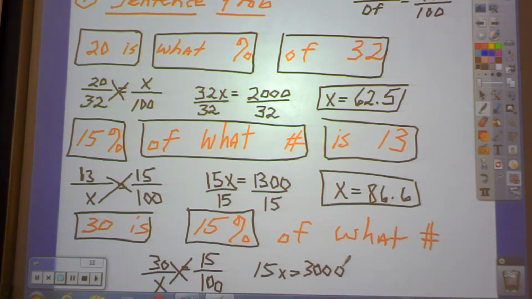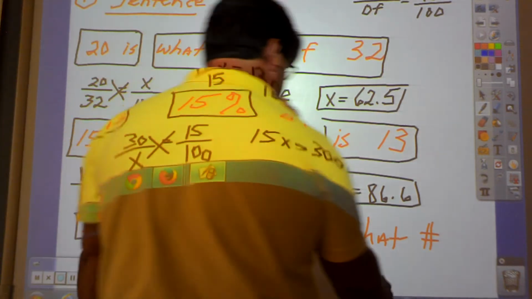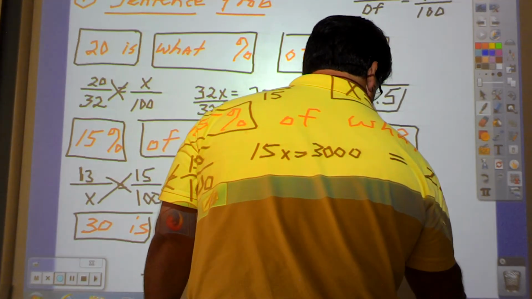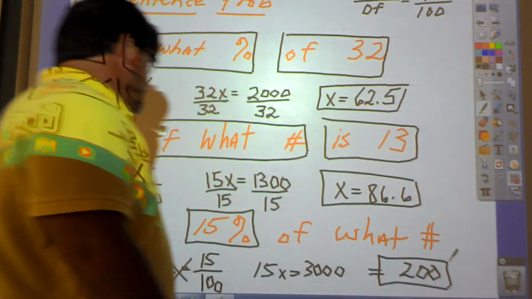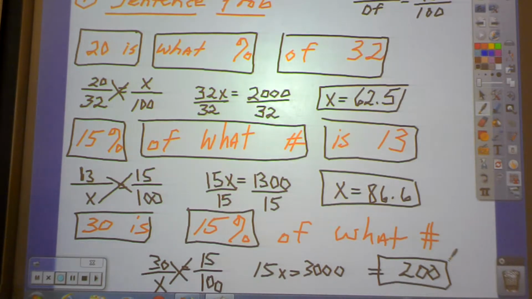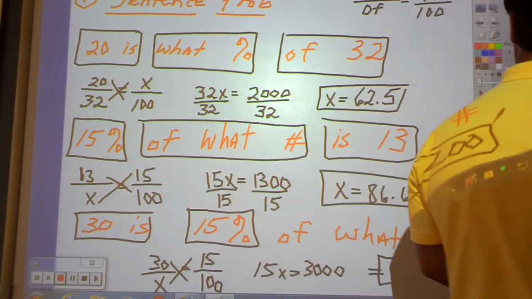And what does that come out to be? 200? So 30 is 15% of 200. And that's how you do the percentage word sentence problems. And we'll do a couple here in just a second. Let's do a couple now.